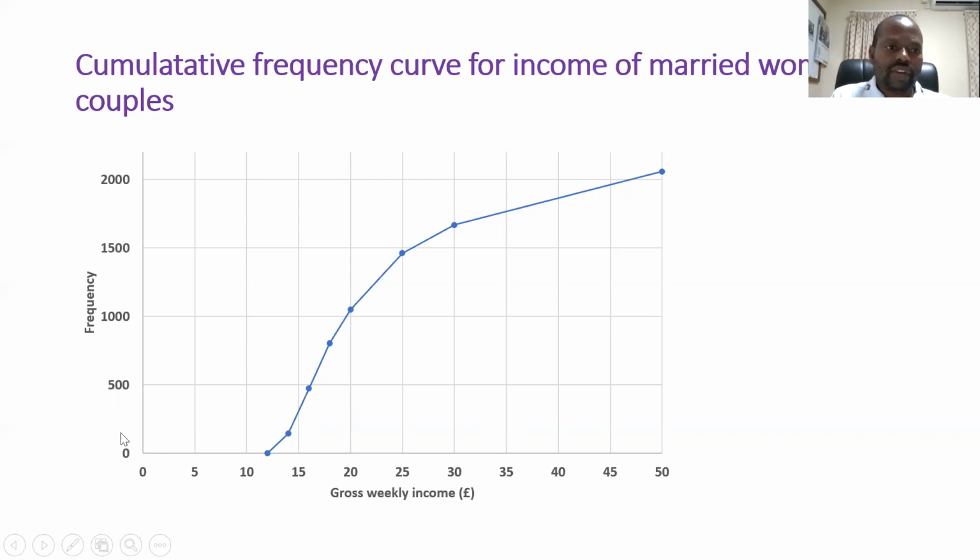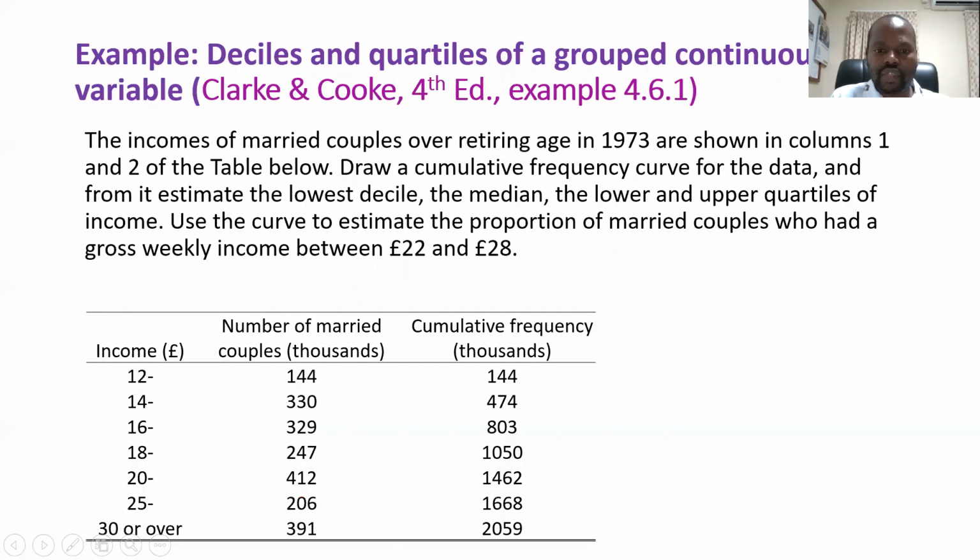The total frequency is what we have here, 2,059, or 2,059,000. 10% of this is 205.9. So the lowest decile corresponds to 205.9.